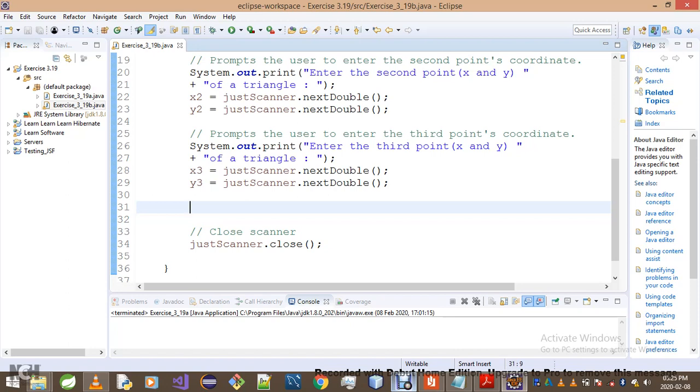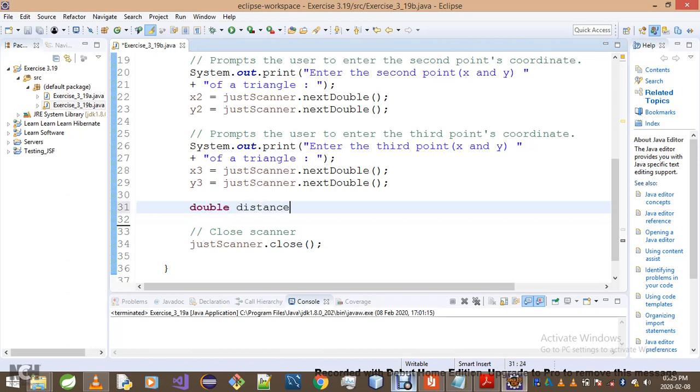Once you do that, the idea is you compare the sum of every 2 pairs of edges with the remaining one, and then you determine whether or not your user input was valid. So let's jump on to it without any waste of time.